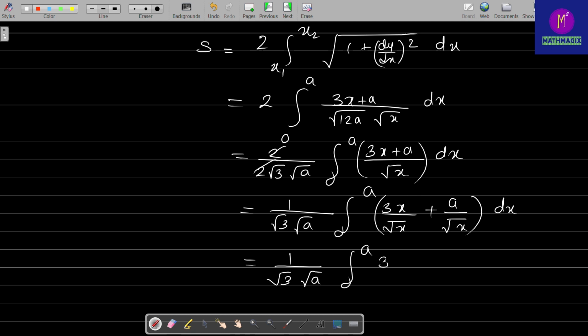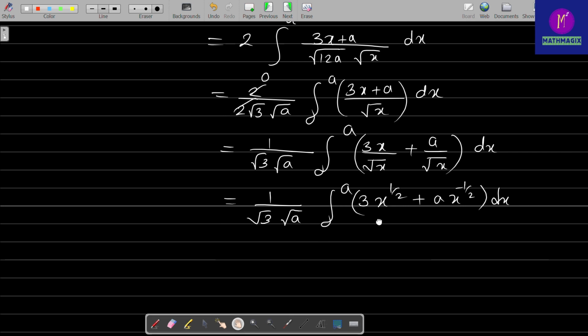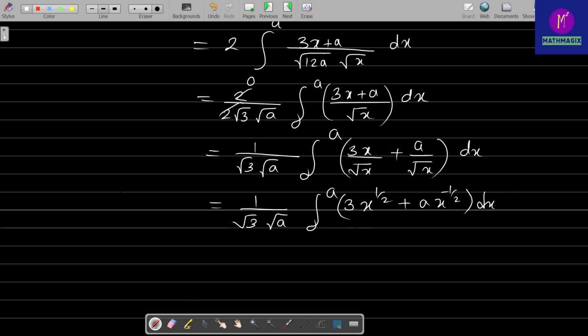3 into, let us write down the power of x here. The power of x is x raised to 1 minus half, that will be x raised to half, and here clearly it is x raised to minus half dx. Now we can easily integrate this using the formula. The formula that we are going to use over here is the integration of x raised to n dx is x raised to n plus 1 upon n plus 1 plus c.